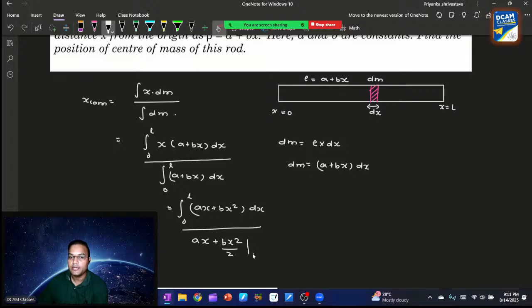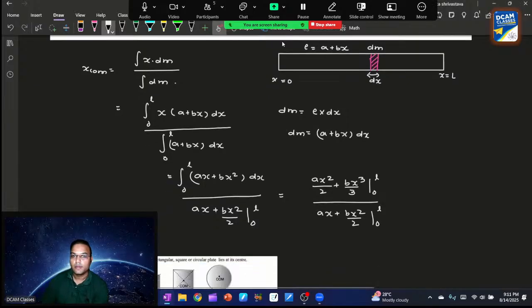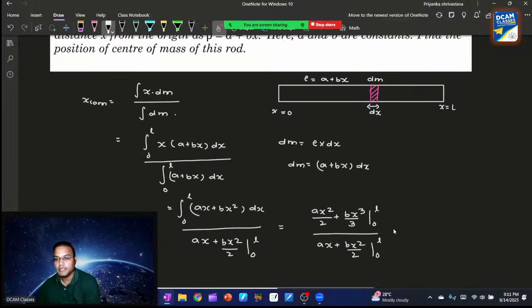I have integrated 0 to L. So now this will be ax square by 2 plus bx cube by 3, 0 to L, whole divided by ax plus bx square by 2, 0 to L. Now if you put in these limits, it will be aL square by 2 plus bL cube by 3 whole divided by aL plus bL square by 2.